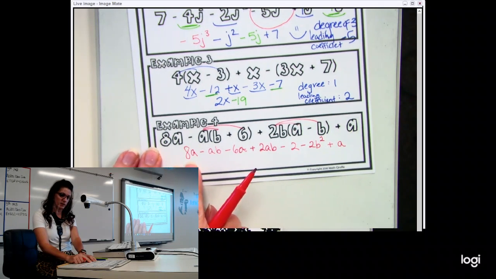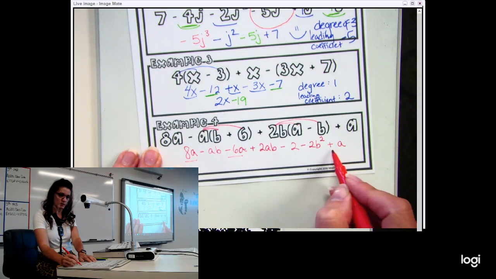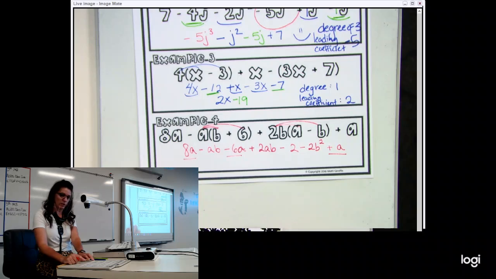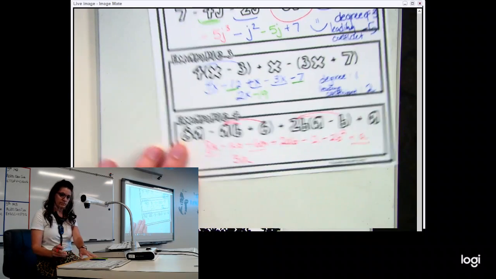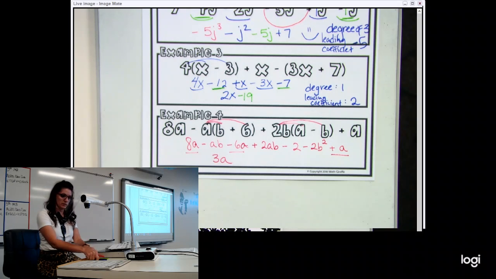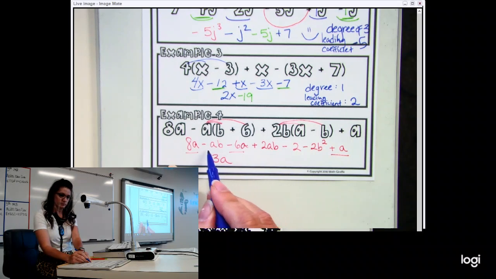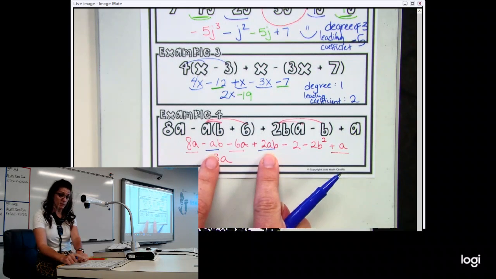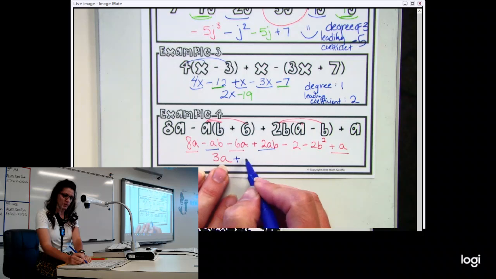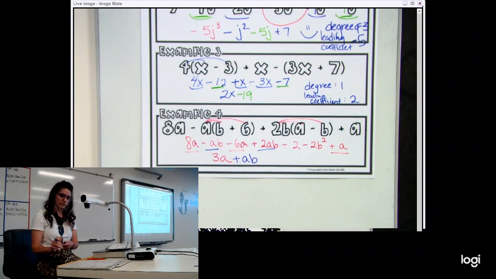Are there any other A's? 8A, negative 6A, plus A gets me where? 3A. All right, let's look at our ABs now. Here and here. Where does that get us? Just one AB? Okay, one AB.